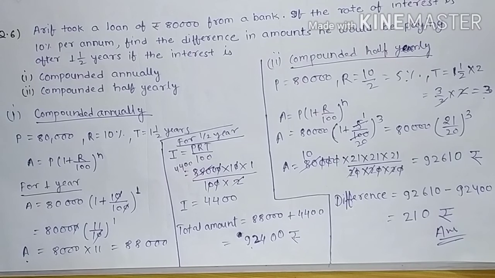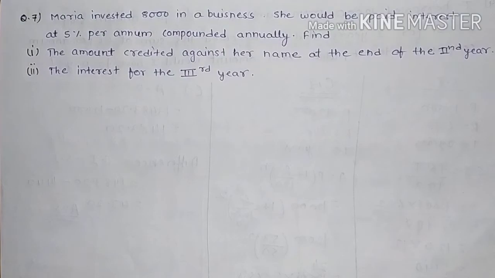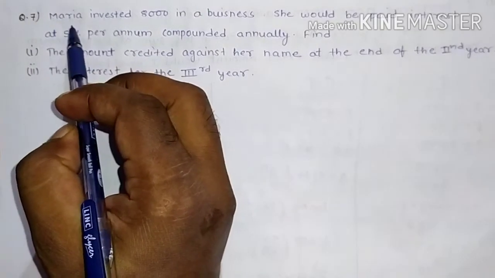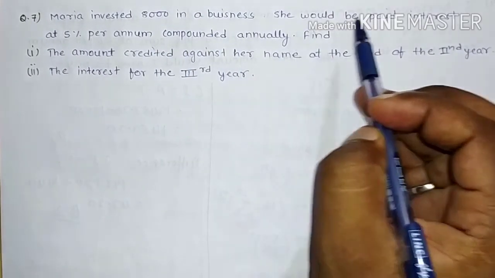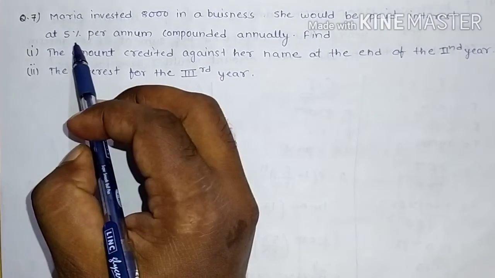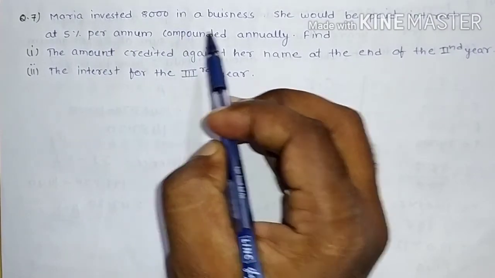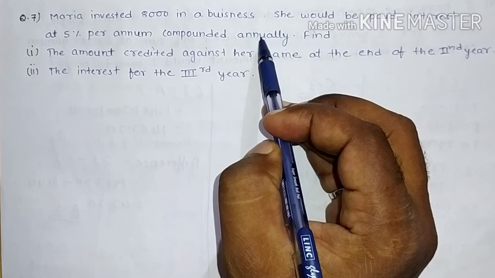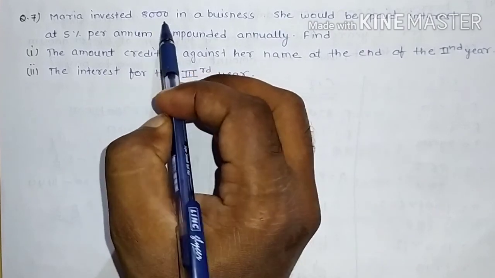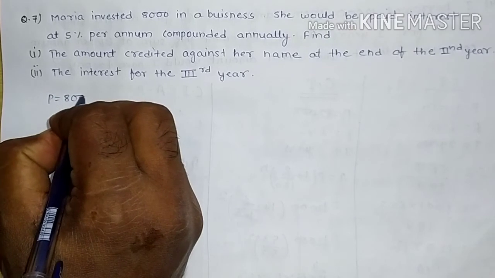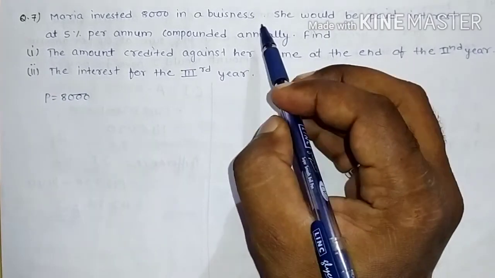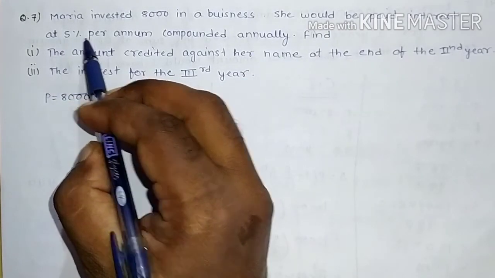It's very simple. Now the next question, question number 7. Maria invested 8,000 in a business. She would be paid interest at 5% per annum, compounded annually. So P is given as 8,000 and R is given as 5% per annum.